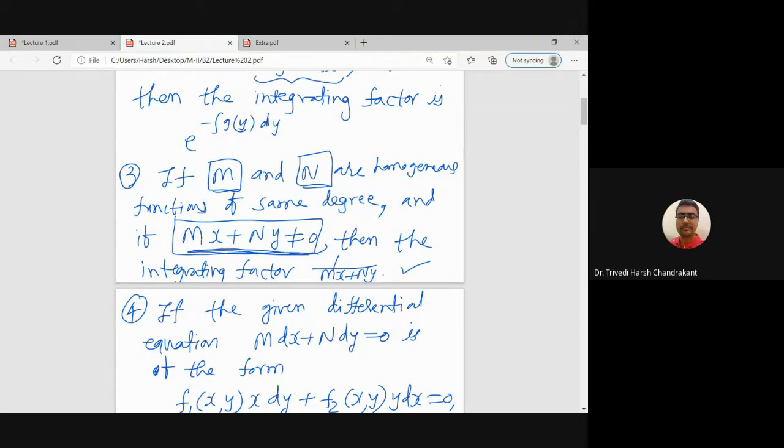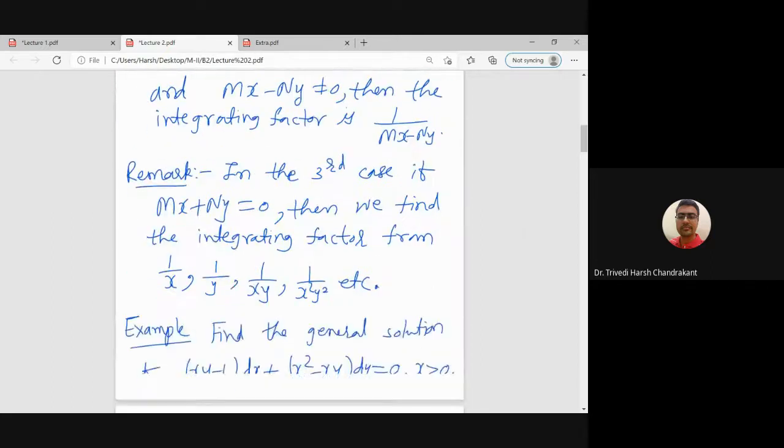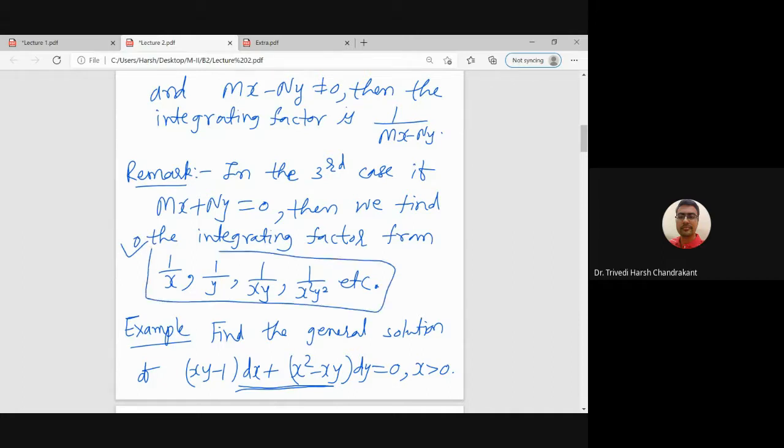In this example it was the non-zero function x square y square, but suppose Mx plus Ny is zero itself. So in that case we cannot have the integrating factor to be 1 upon Mx plus Ny. So therefore this remark says that we need to try these functions one by one, and among these functions we can identify what is the integrating factor, right?